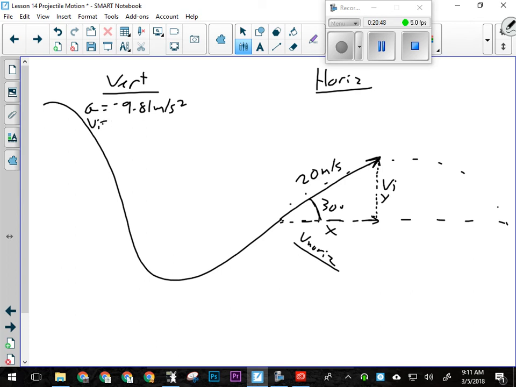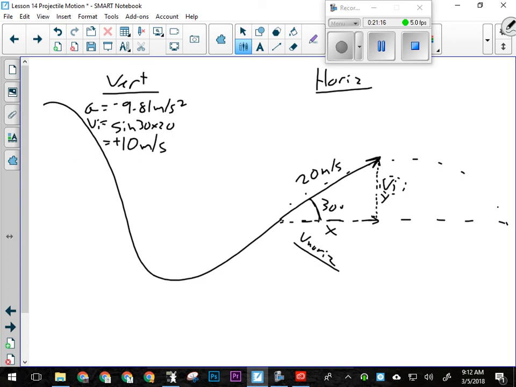Okay, how would I find VI? I know it's this side of the triangle. Okay, can I calculate it? Yep. Okay, I have to use trigonometry. Since VI or Y is the opposite side, I'll go sine of 30 times 20. Okay, so sine of 30 times 20 meters per second tells me that my initial vertical velocity is positive 10 meters per second.